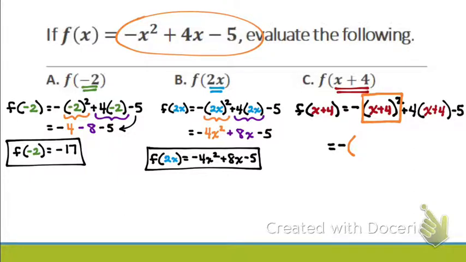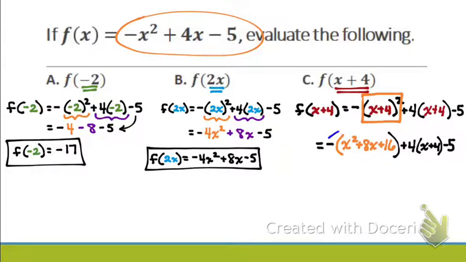What do I get when I do x plus 4 quantity squared? X squared plus 8x plus 16. Plus 4 times x plus 4. I didn't distribute that yet, but I will here in just a moment. Minus 5 on the very end.